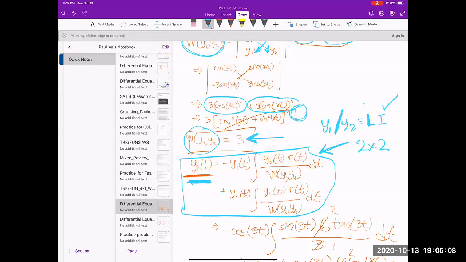It's not bad once we know this equation; you just pretty much apply it. So I'm going to rewrite what we need again. y1 equals cosine of 3t, y2 equals sine of 3t, r(t) is 6 tan 3t, and the Wronskian of y1, y2 equals 3.